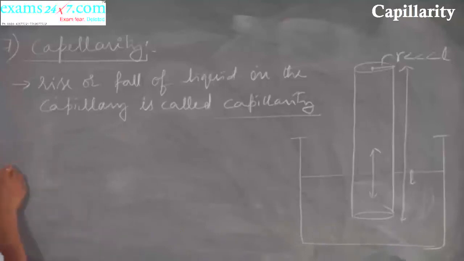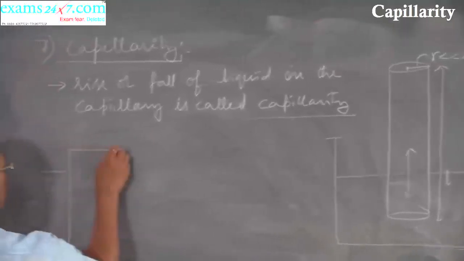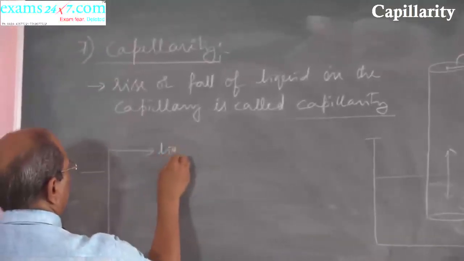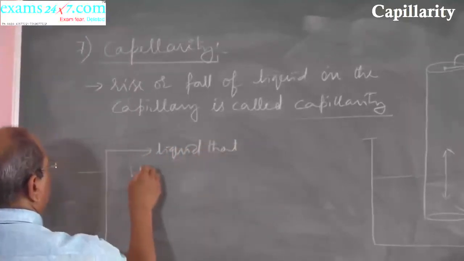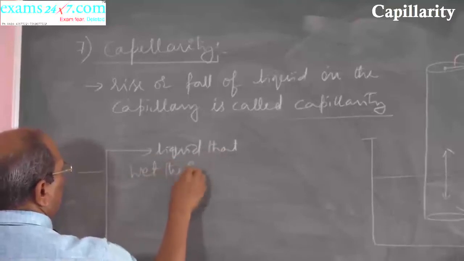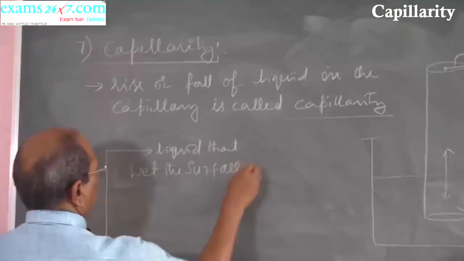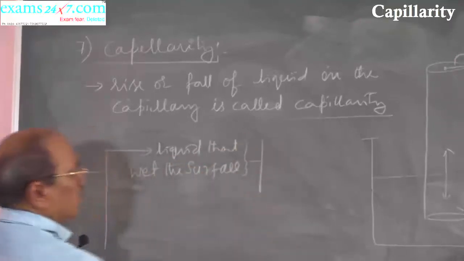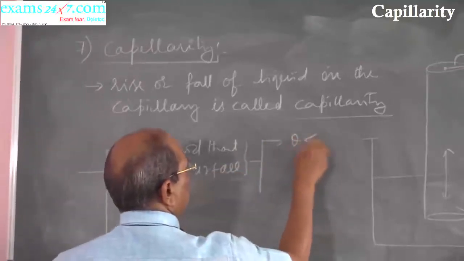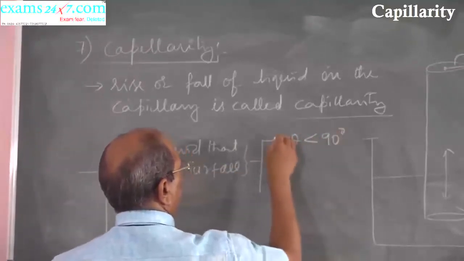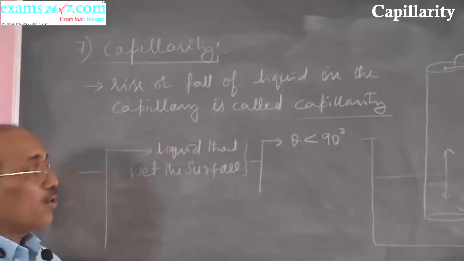So here the question is about the two types. For a liquid that wets the surface, we see three things. The angle of contact is less than 90 degrees, an acute angle.